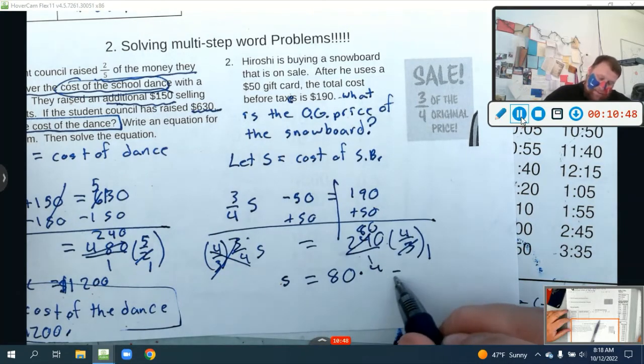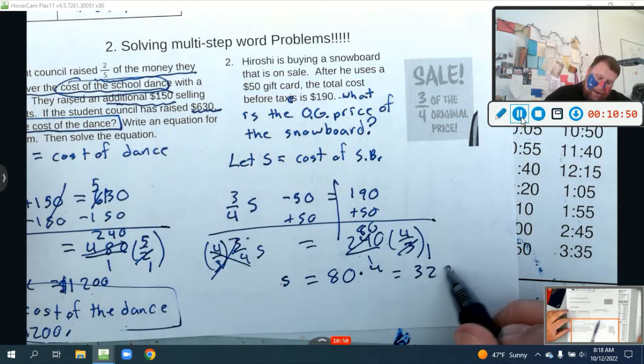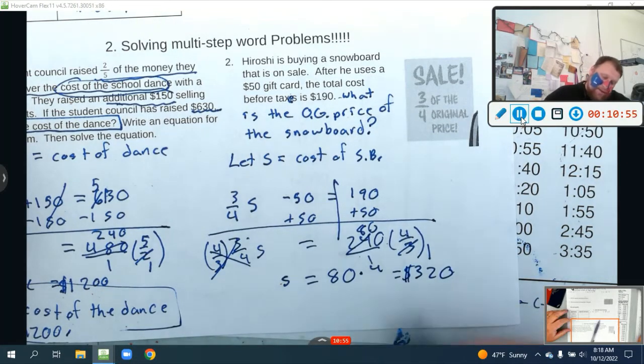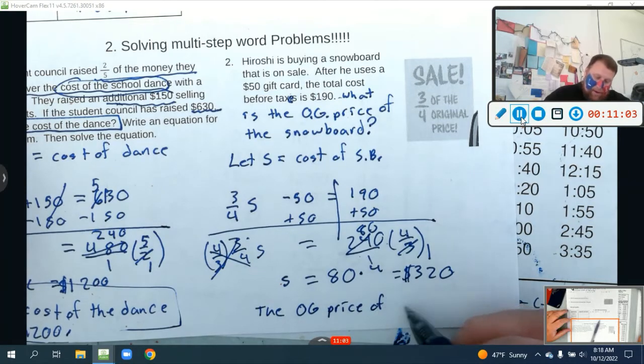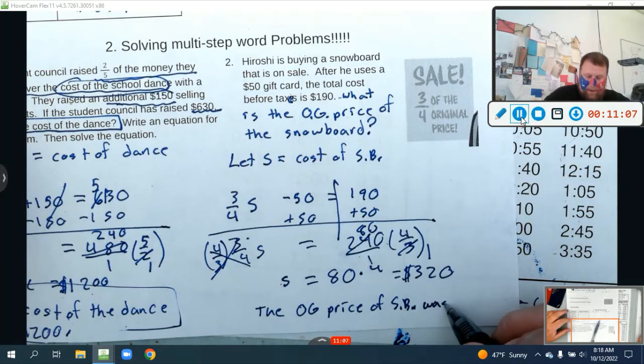So this ends up equaling $320. Boom, the original price. So what do we say? The OG price of the SB snowboard was $320. Boom.